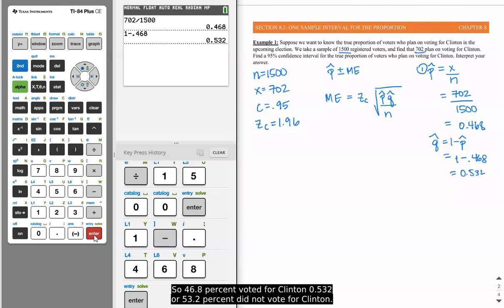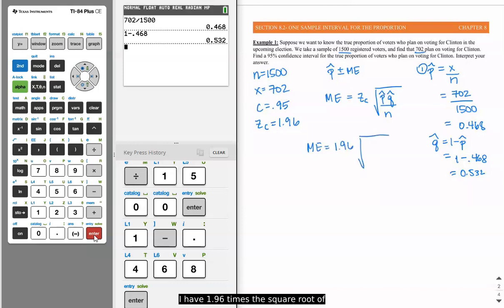Okay. So we're ready to find my margin of error. I have 1.96 times the square root of 0.468 times 0.532 all over n, which is 1500. In order to type this in, it's pretty straightforward.